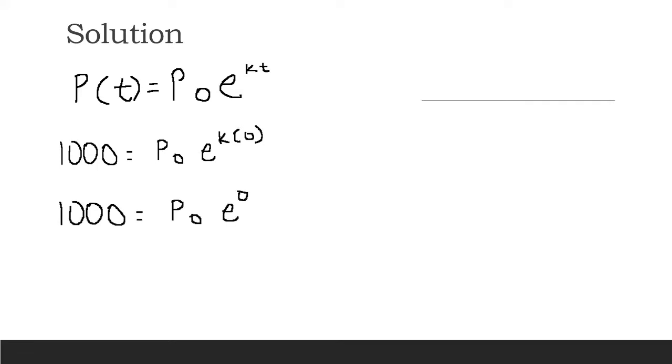That's the initial population. So how can we use this to calculate k? Now that we have a value of P(0), we can say that P(t) is 1000, that's P sub 0, e^(kt). So now let's use another point to calculate k.